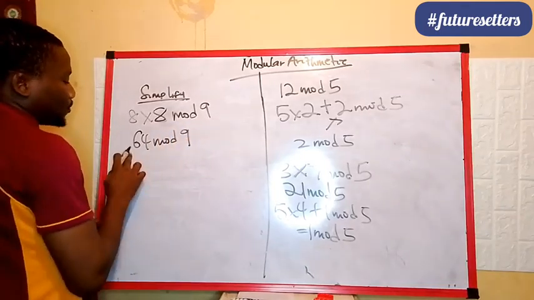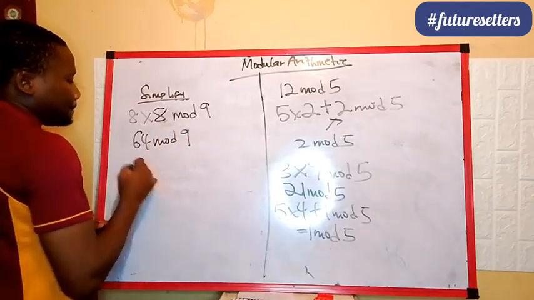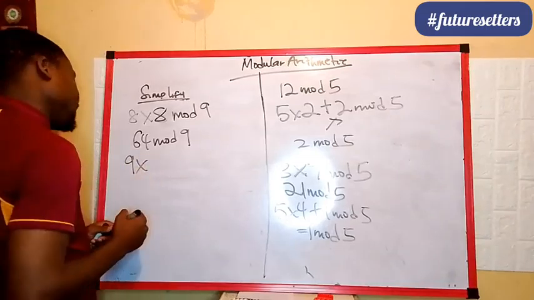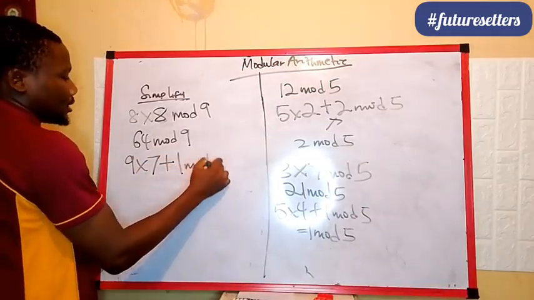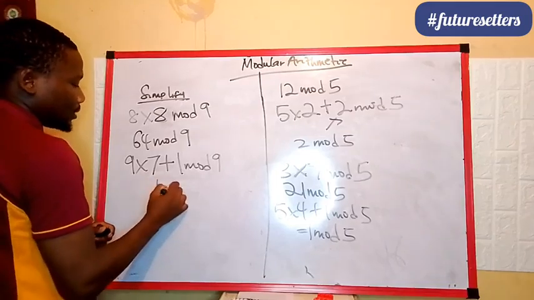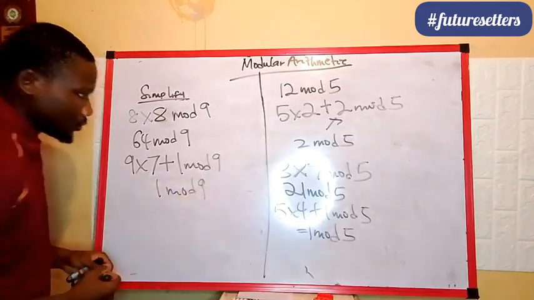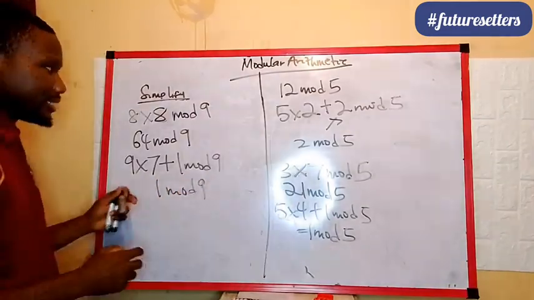Now 64 will become 9 times 7, which is 63, plus 1 mod 9, and this will give us 1 mod 9. So this is it.